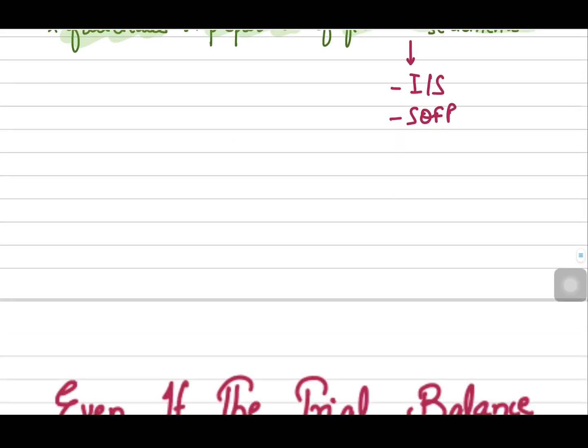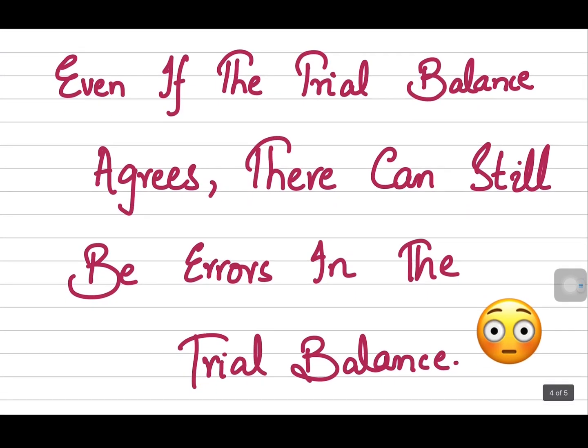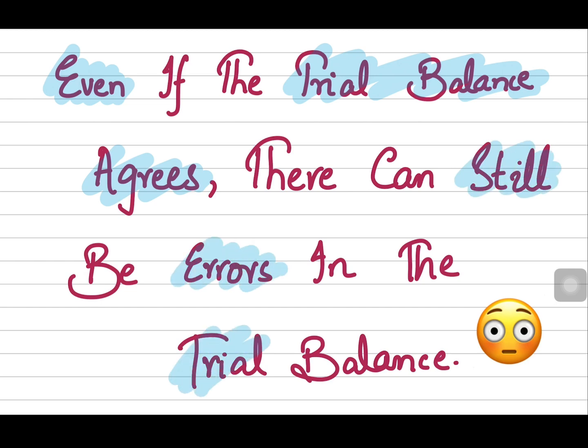However, there can still be problems in your accounts, or in your double entries, or in your books of original entry. Why? Because even if the trial balance totals agree, that is, the debit side is equal to the credit side, there can still be errors.